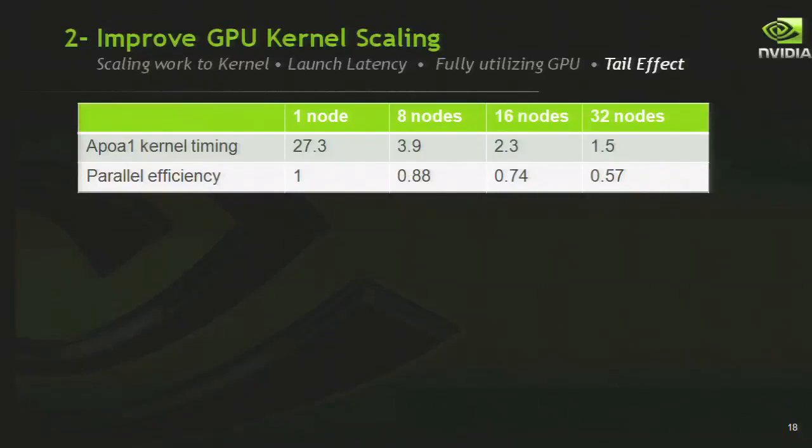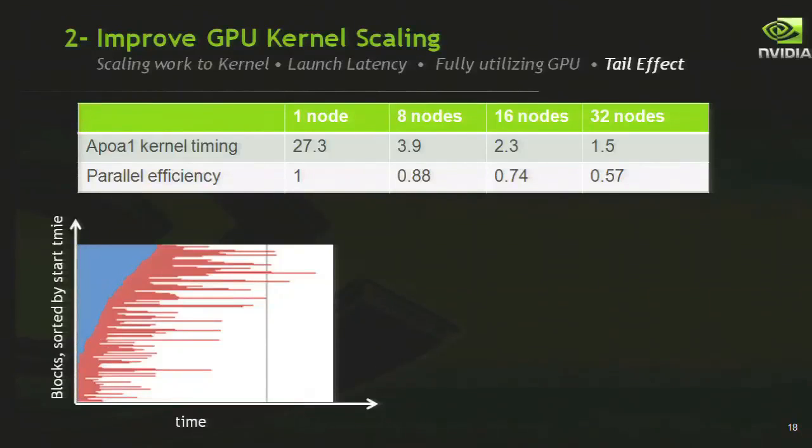In order to prove that hypothesis, we did a little measurement of all the kernels running on the GPU. Here we are basically showing, for each of the blocks running on the GPU, when that block starts and when that block finishes. All this diagram is trying to show is there's lots of blocks that take a relatively short amount of time.